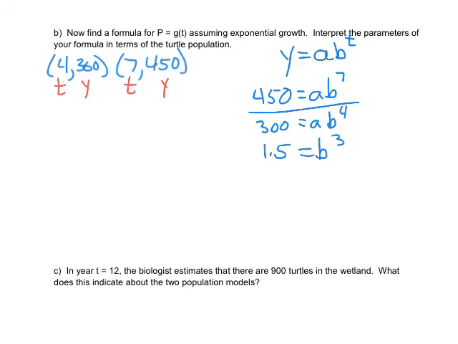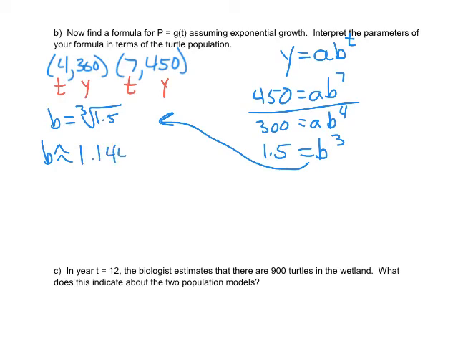I'm going to start working over here so I don't run out of room. When I take the cube root, b is going to be the cube root of 1.5. That's approximately 1.1447.